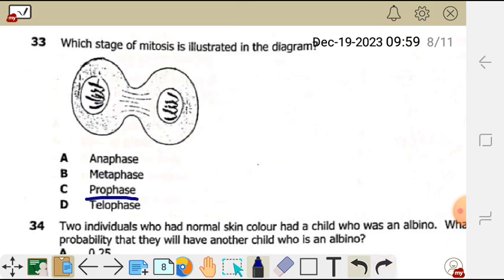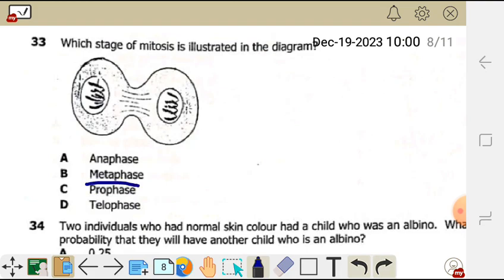We have the prophase stage where the cell is preparing for cell division. We are going to see the chromosomes inside there. They are going to condense. We are going to see formation of other structures such as the spindles or the centrosomes during prophase.